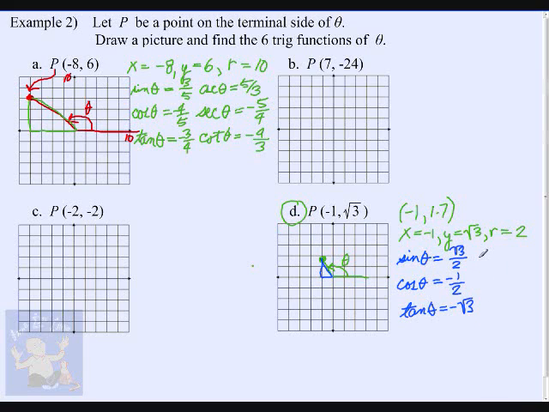Then when I do the reciprocal partners, I get cosecant theta is a positive 2 over the square root of 3. The reciprocal partner of cosine is secant theta and that's going to simplify to a -2. And the reciprocal partner of tangent is cotangent theta, and that's going to be -1 over the square root of 3.